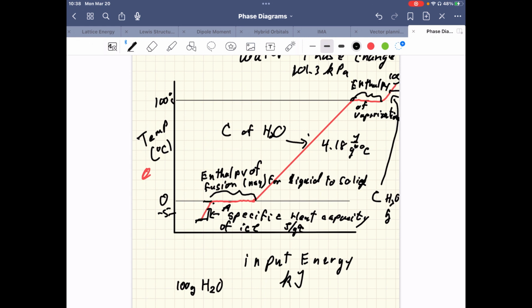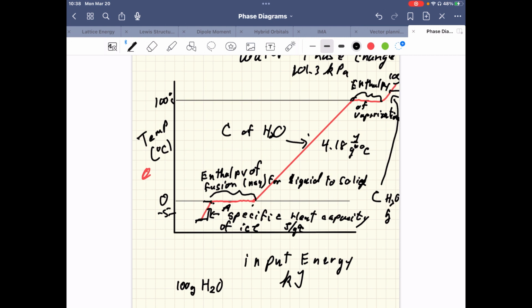Then I'd need the enthalpy of fusion, which is often given in kilojoules per mole. So you're going to need to convert to grams if we're dealing with water or some other compound. But that's the amount of energy that's going to be needed to take all of the ice and melt it.